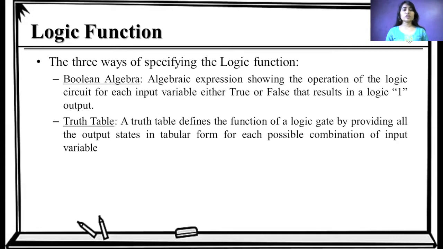The next way to represent a logic function is the truth table. A truth table defines the function of logic gates by providing all the output states in a tabular form for each possible combination of input variables.